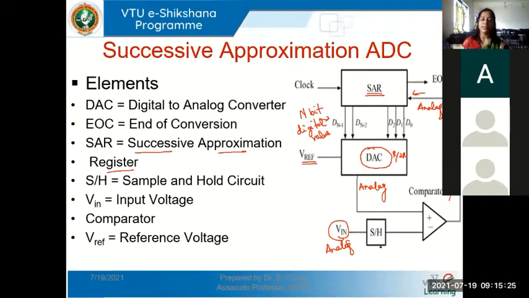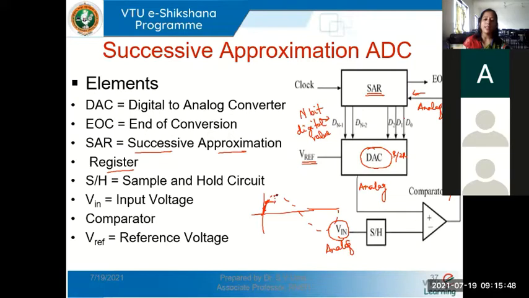What is the use of a sample and hold circuit? Let me show you. If this is the analog signal, the sample and hold circuit will take a sample of the signal for some time. It will hold it till the next sample comes.